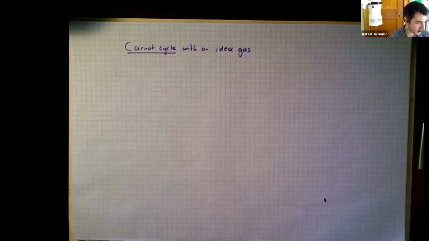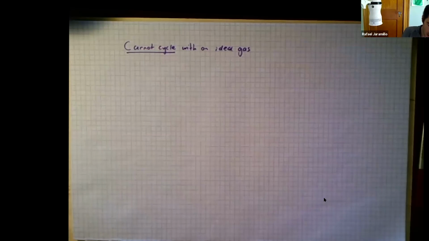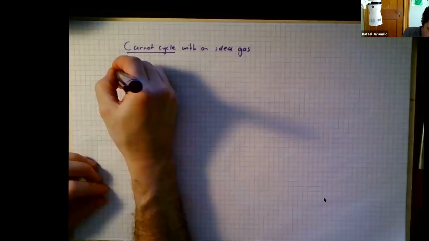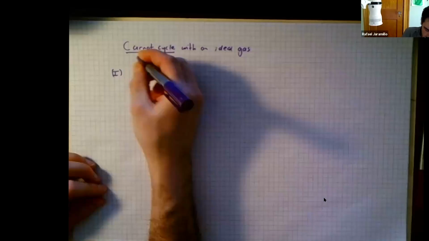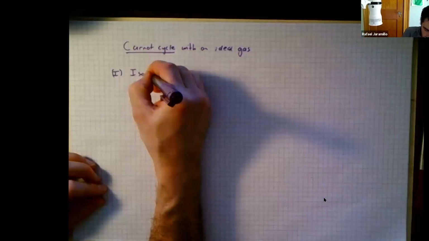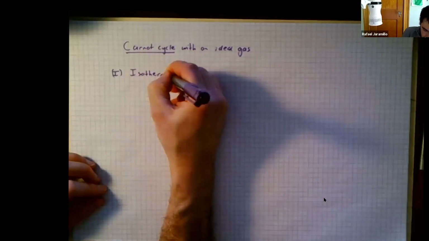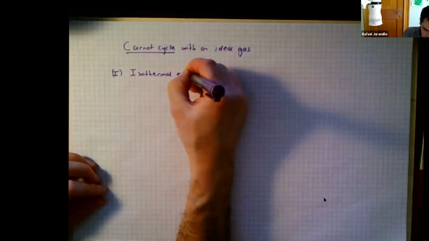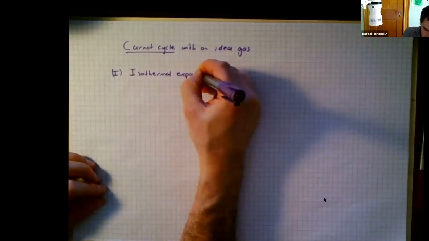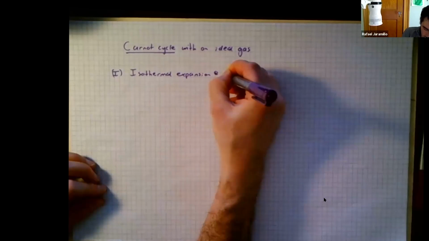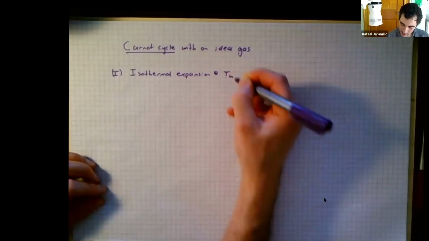So here's the Carnot cycle. You start with isothermal expansion at T hot. So let's draw that.